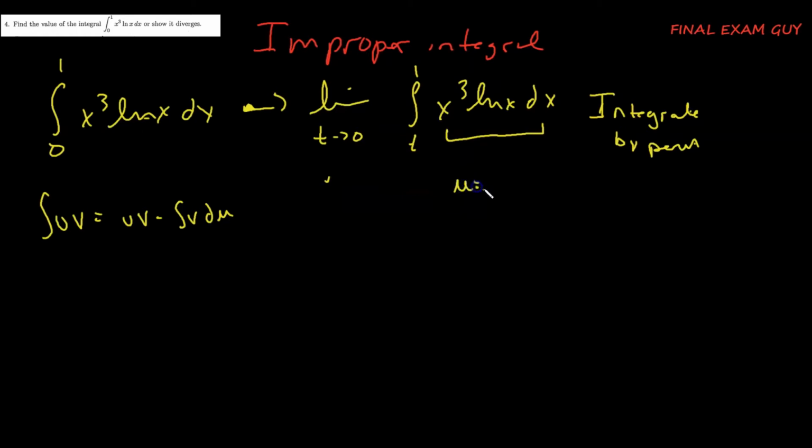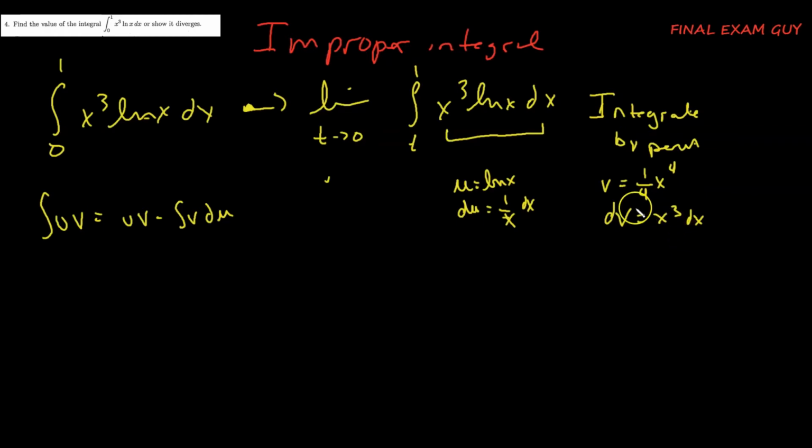Our u will be ln x, a nice and simple term. The derivative is really simple, 1 over x dx. And whatever's left over is your dv, so x cubed dx, and the integral of that is 1 over 4 x to the 4th.